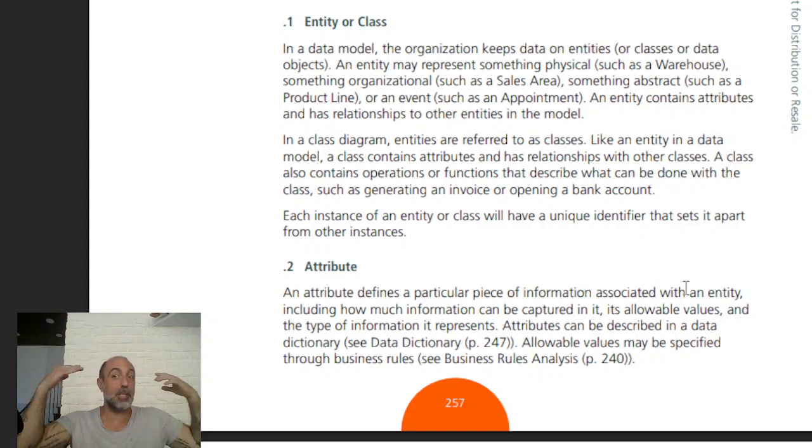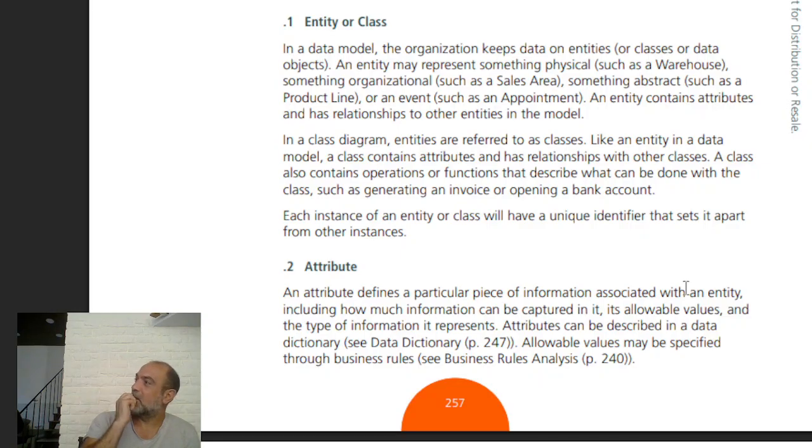Again, a class human, right? Let's look at it this way. An entity is a farm, and it has class tree, and it has class animal, and it has class machinery, right?